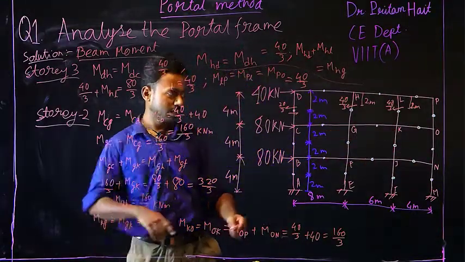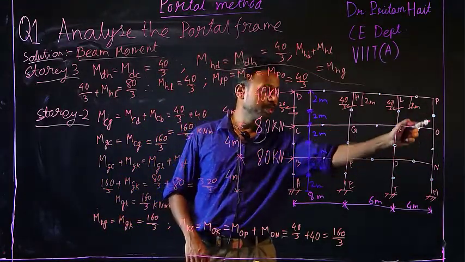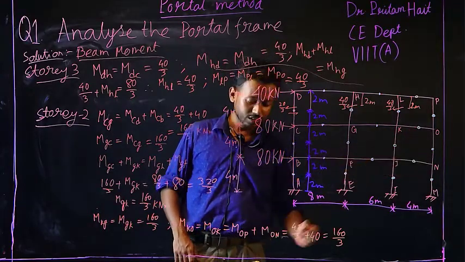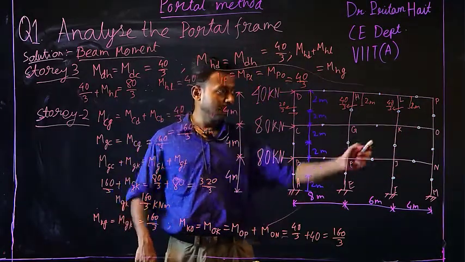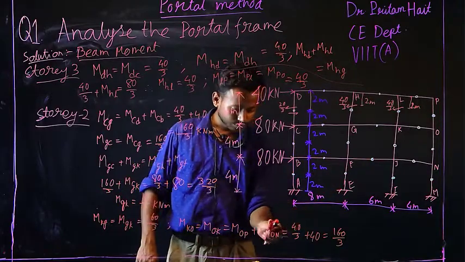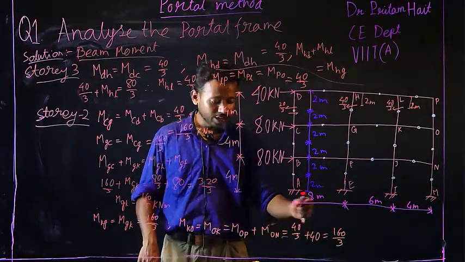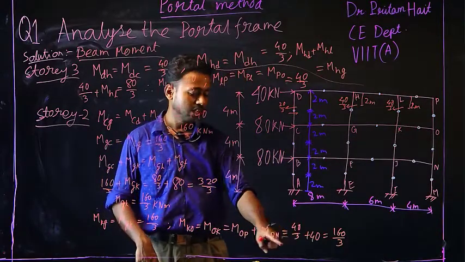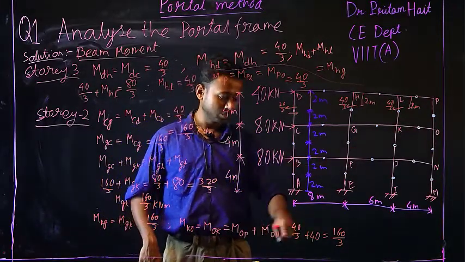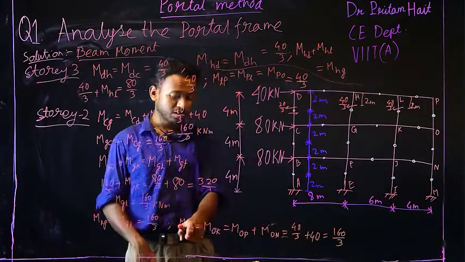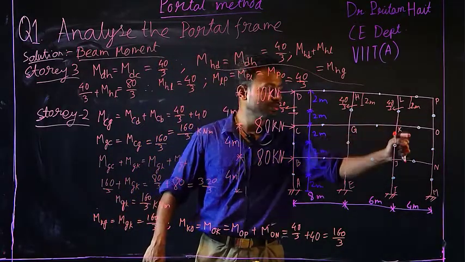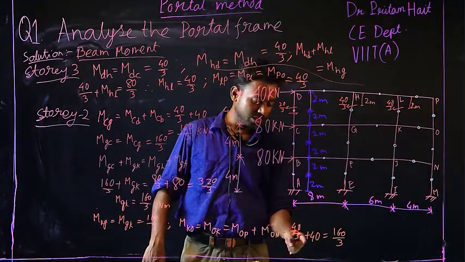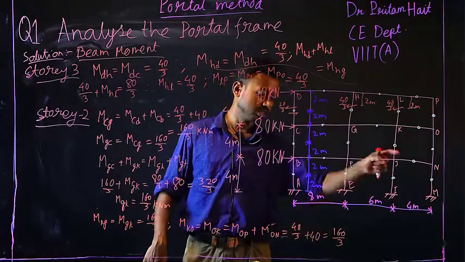So I can write MKO equals MPO plus MON. So I know the value of MPO, I put it here 40 by 3, and what is the value of MON? I put it here 40. So I get MKO equals 40 by 3 plus 40 equals 160 by 3.